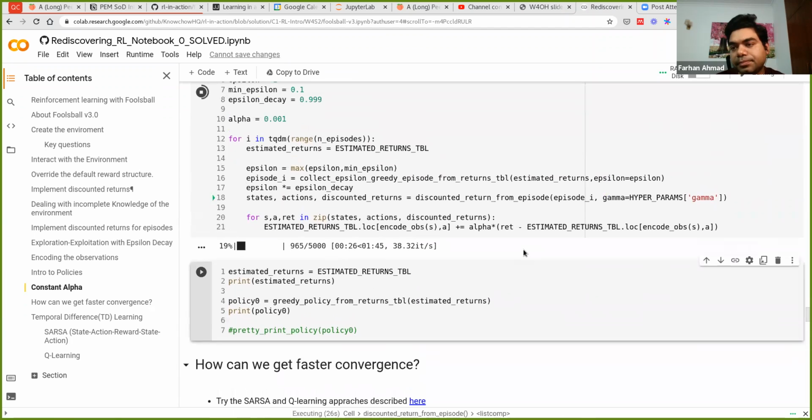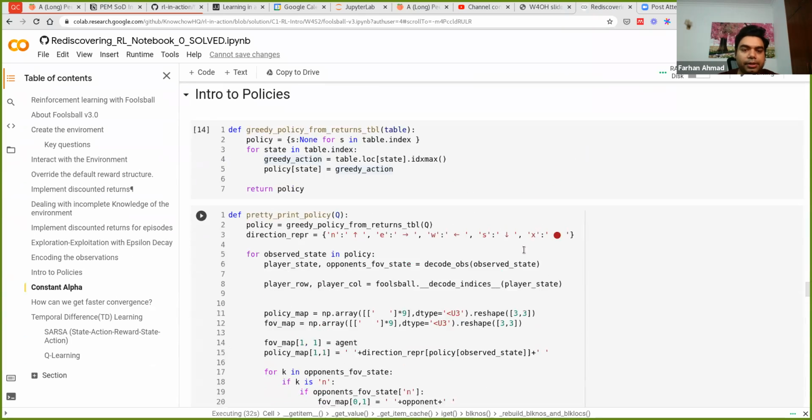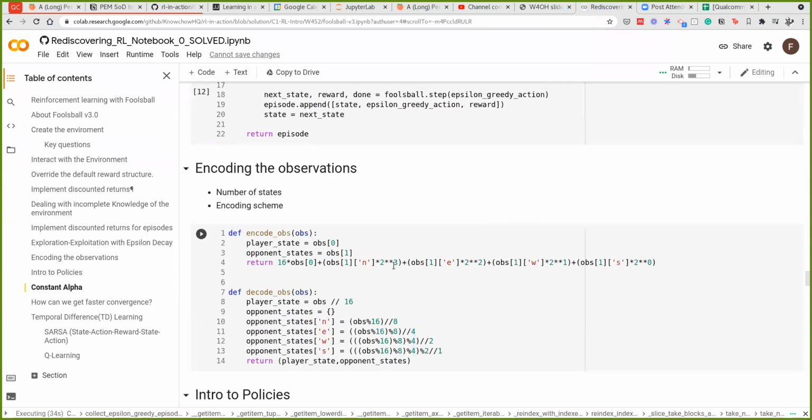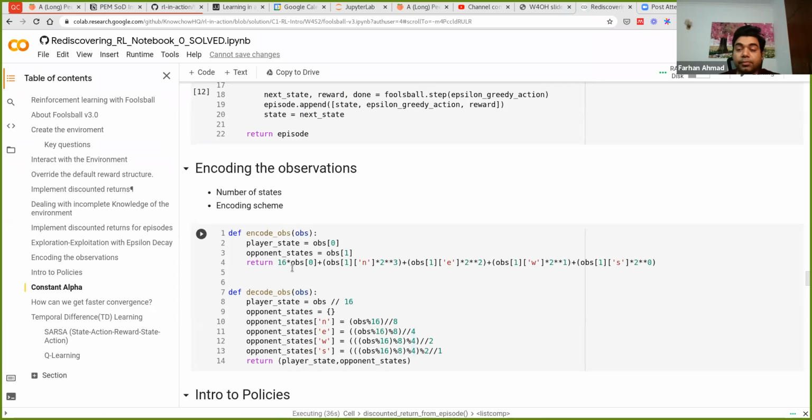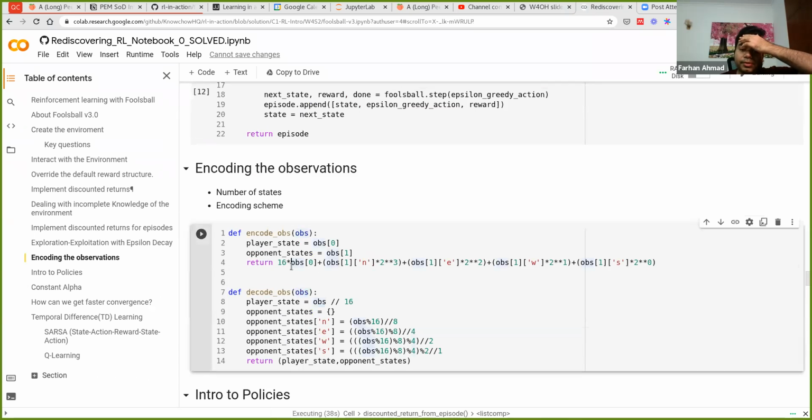Why is it 320? Is there anything special? Yeah, so the way we are encoding things, the number of observations is going to get multiplied by 16, right? We are combining the state of the player and the state of the opponents.